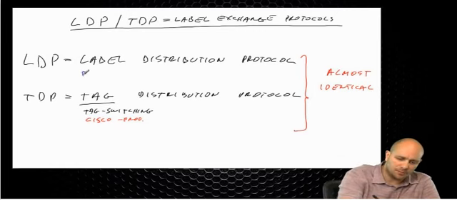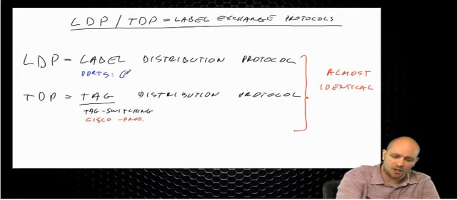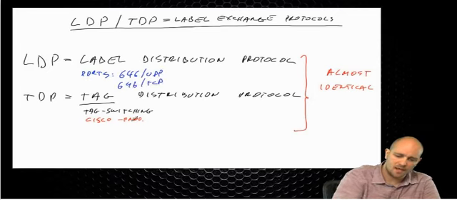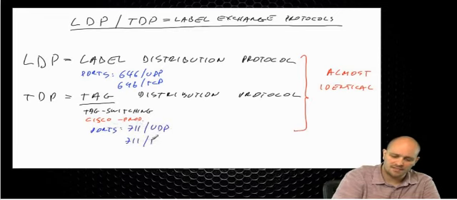So the port numbers that are used by LDP are 646 UDP and 646 TCP, and ports in use by TDP are 711 UDP and 711 TCP.